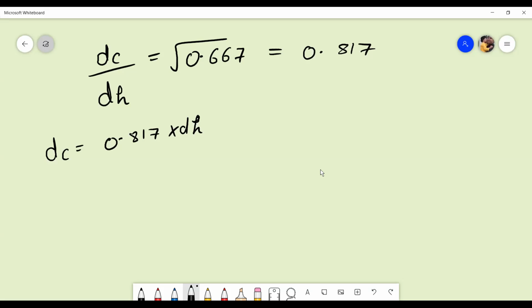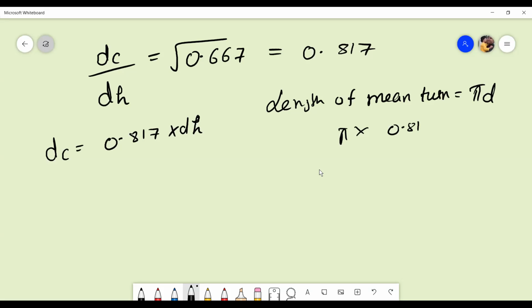Now we also know that the length of mean turn is pi d, that means pi times the ratio 0.817. So what will be the reduction in volume for conductors?